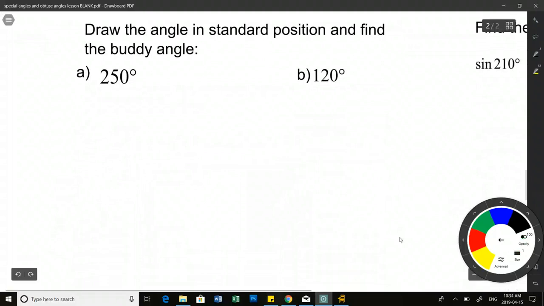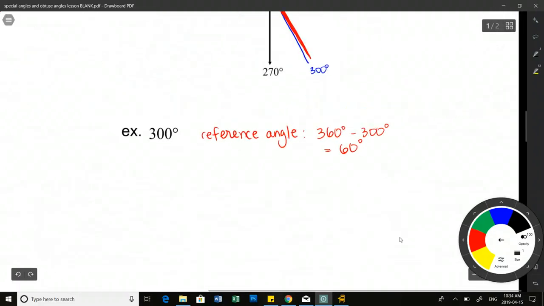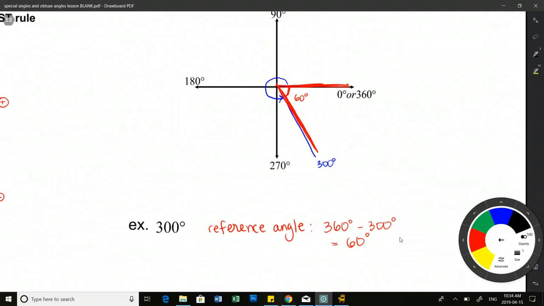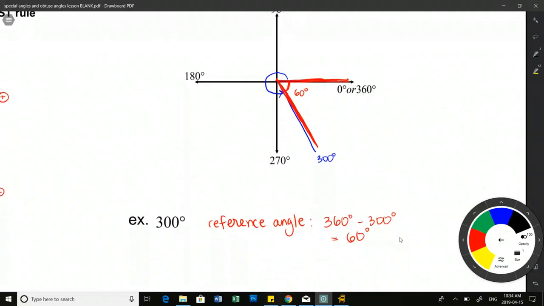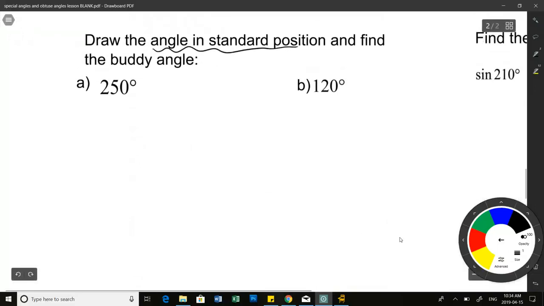All right, so we're just going to practice finding these reference angles quickly. When you see "draw the angle in standard position," it's just talking about placing the angle just as we did with 300 here. Just place it rotating from 0 in the quadrants. You guys are going to draw this a lot in this unit, so we're going to get really used to drawing this little quadrant grid, and we'll label the outsides.